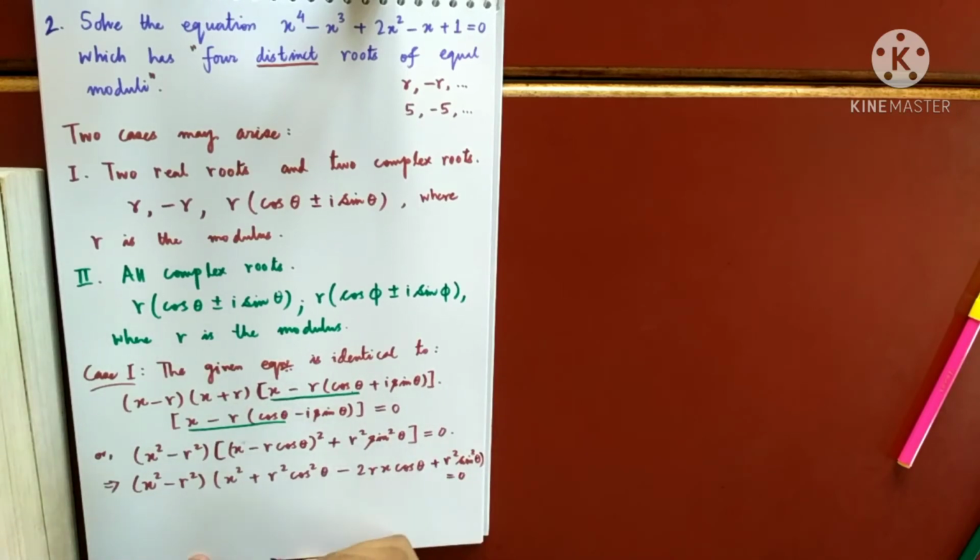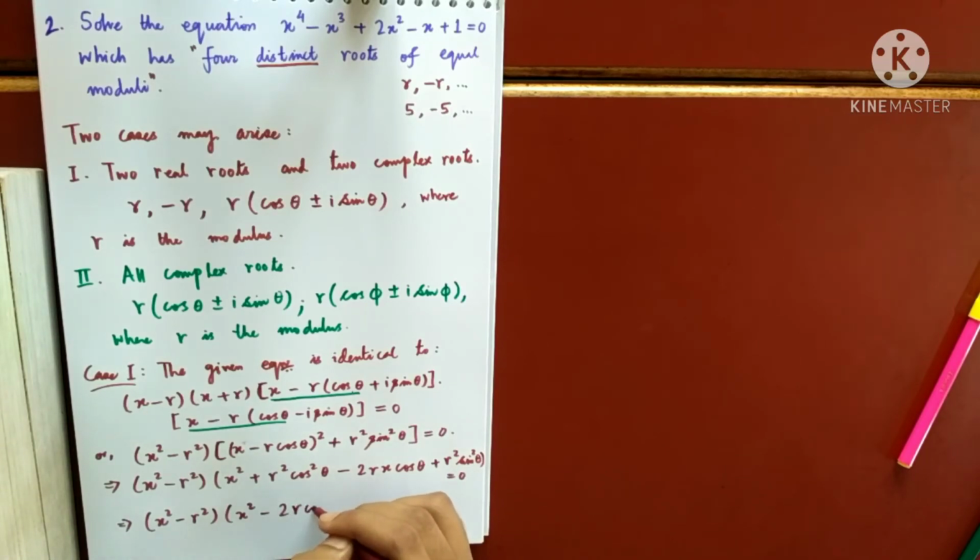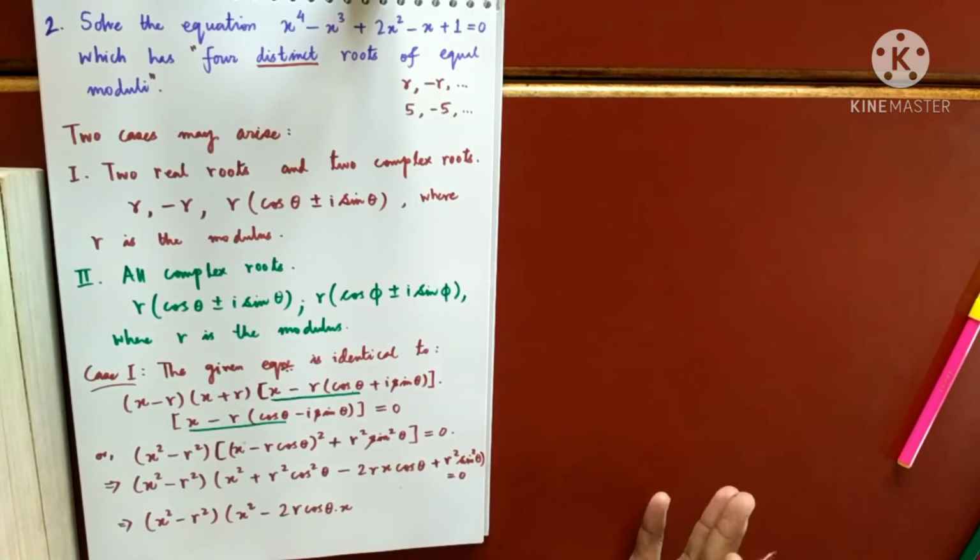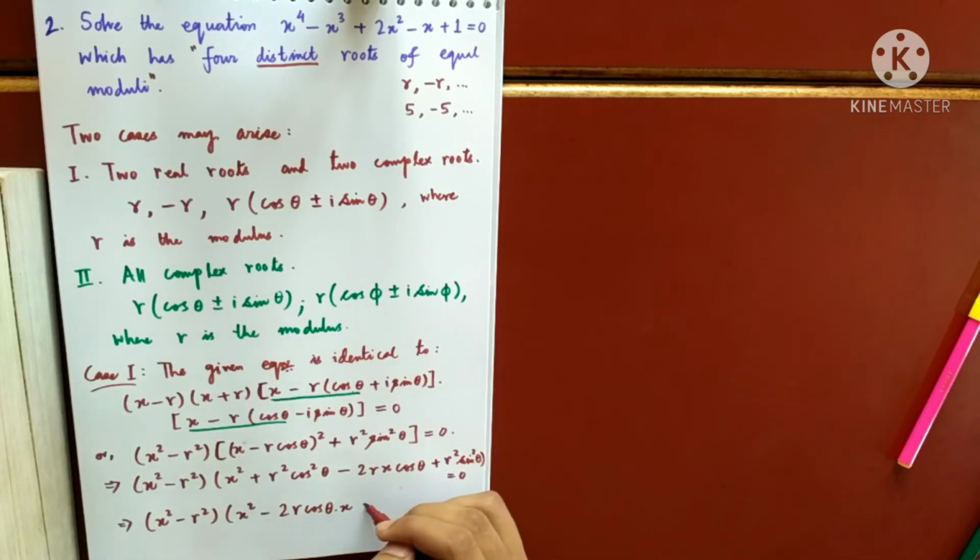So what will I get? x square minus r square, x square minus 2r cos theta x, and r square cos square theta plus r square sin square theta. If I take r square common, what will I get? cos square theta plus sin square theta, which is 1. So I'll simply remain with r square.